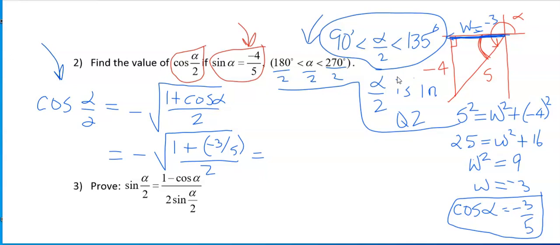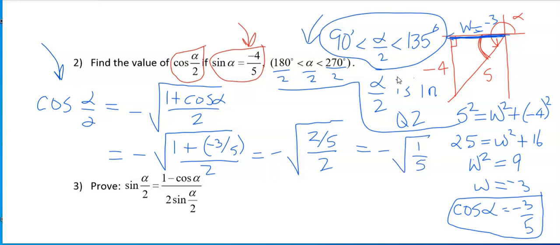So 1 plus negative 3/5, that's the same thing as 1 minus 3/5. Now you could do this with your calculators. That's going to be 2/5 divided by 2. And 2/5 divided by 2 is the same as 2/5 multiplied by 1/2. So that's going to give you the negative square root of 1 over 5.